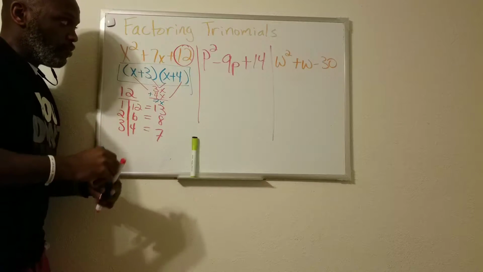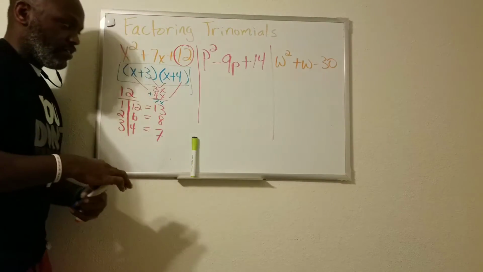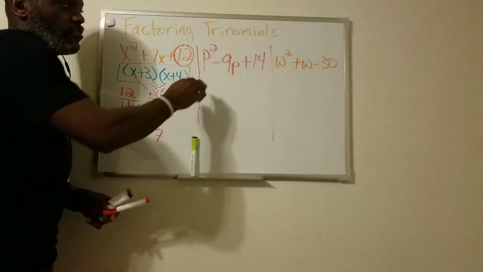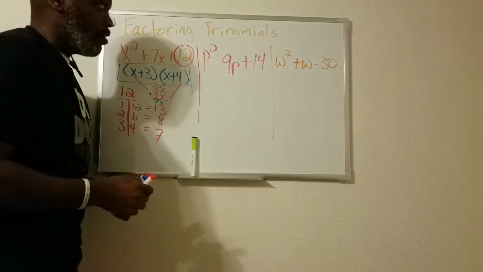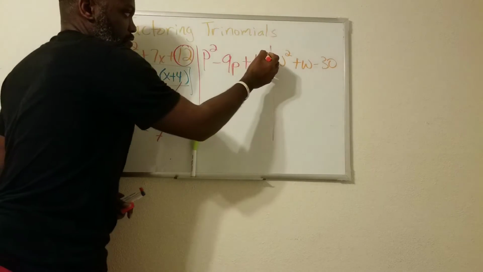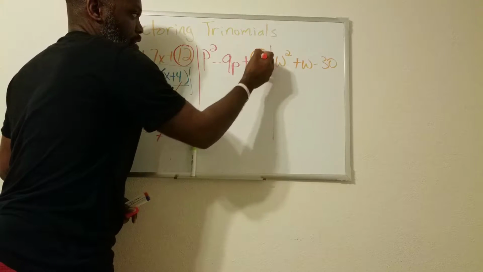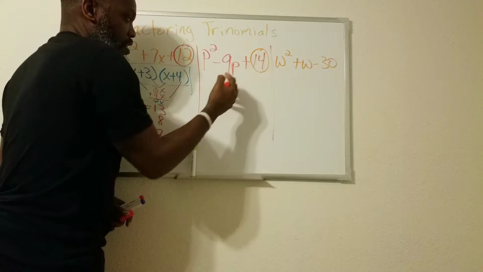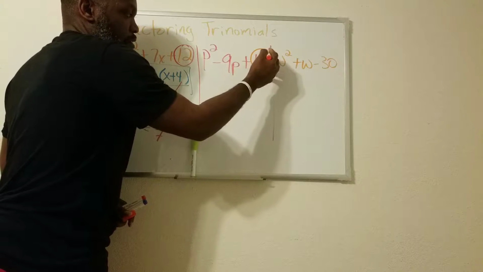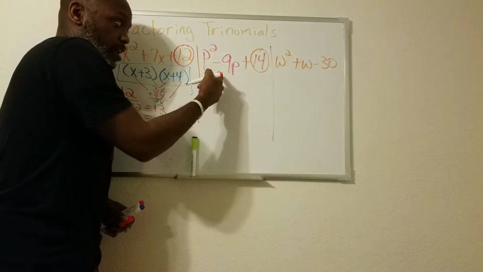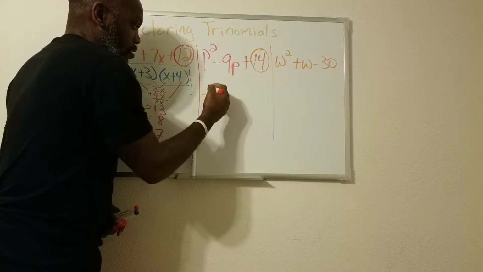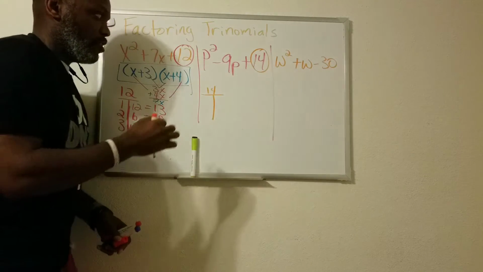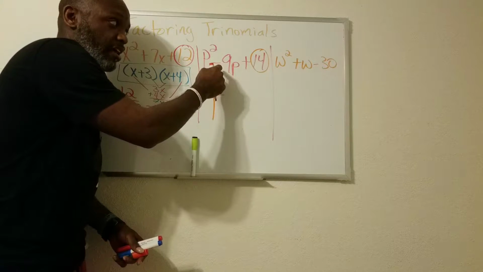Now, let's solve a different problem, but it's the same process. But just notice that the operation is subtraction here, it's addition there, right? Same process as it goes: what are the terms that multiply to give me 14 and add to give me a negative 9? Now, this may be a little trickier because what I want to do is make my middle term negative.